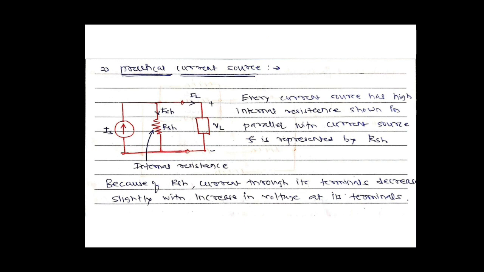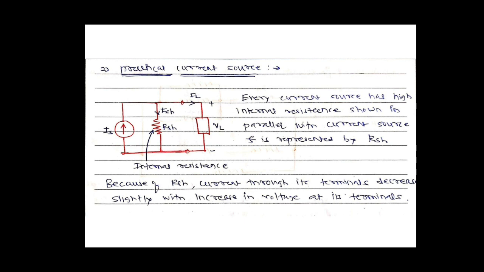Because of this Rsh, the current through its terminal decreases slightly with increase in voltage at its terminal. So this is the difference between an ideal and a practical current source.